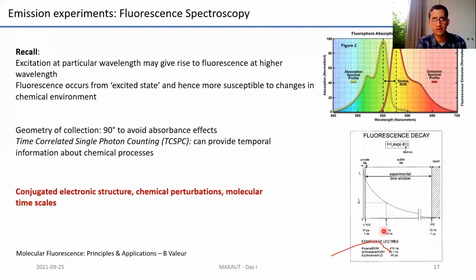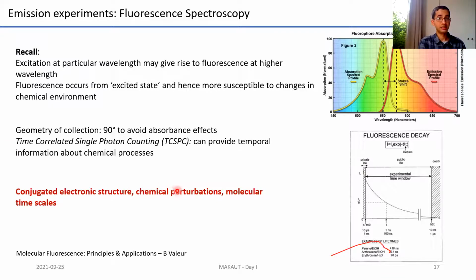I've taken this schematic from Bernard Valeur's text, which is one of the foundational texts on molecular fluorescence. You can study this decay and set it up as an attenuation, so e to the power minus t by tau. Looking at these time scales, you can find out information about what's going on inside your system: electronic structure, chemical perturbation.